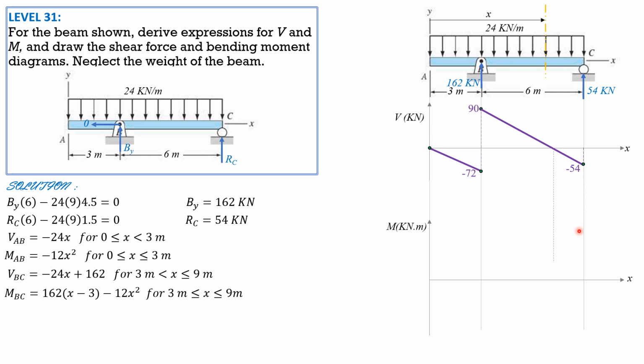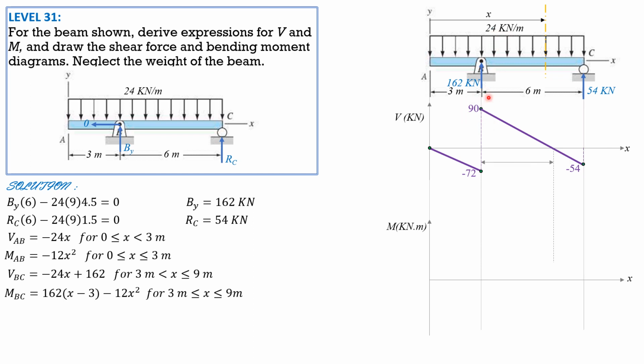Then for the moment, by the way, this distance, call it x1, is obtained by similar triangles. x1 is to 90 as 6 minus x1 is to 54. Then you can solve for x1. But the shortest way to solve for x1 is shear 90 divided by load 24.